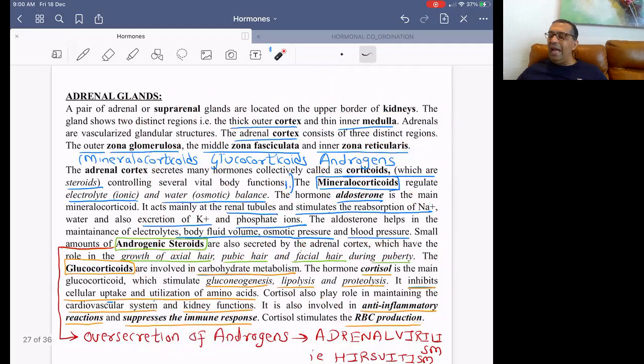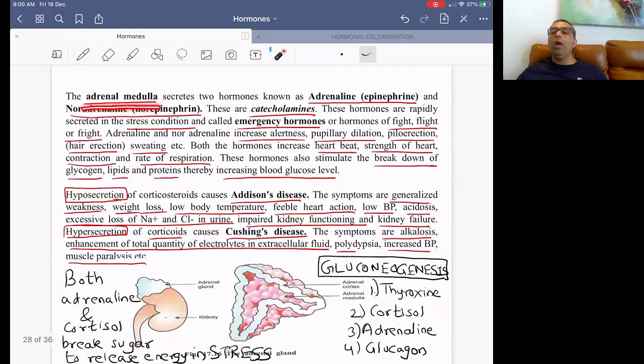And then we have the adrenal medulla. ये है adrenal cortex और ये है adrenal medulla. The adrenal medulla secretes two hormones known as adrenaline or epinephrine and noradrenaline, also called norepinephrine.